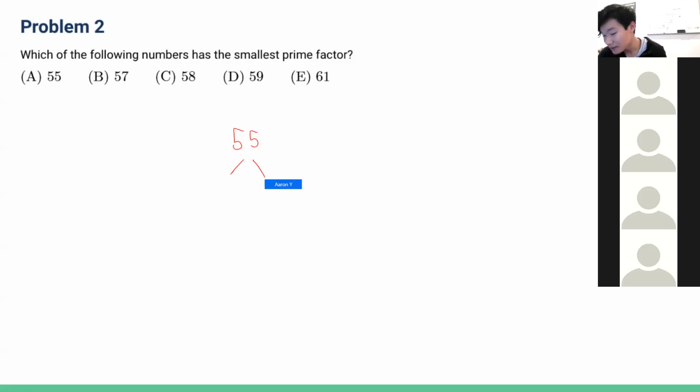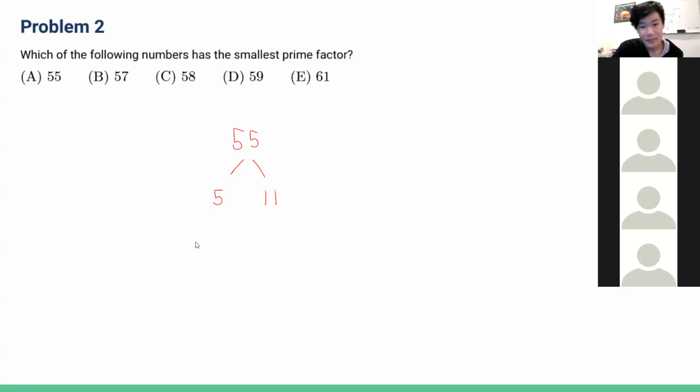As a reminder, the prime factorization is just dividing a number by all the numbers that it can be divided by, right? So for example, for 55, we can do 5 and 11. Can we divide 5 by anything else anymore? Well, no, we can do 1 and 5, but that's a little redundant, right? Because we're not learning anything from 1 and 5.